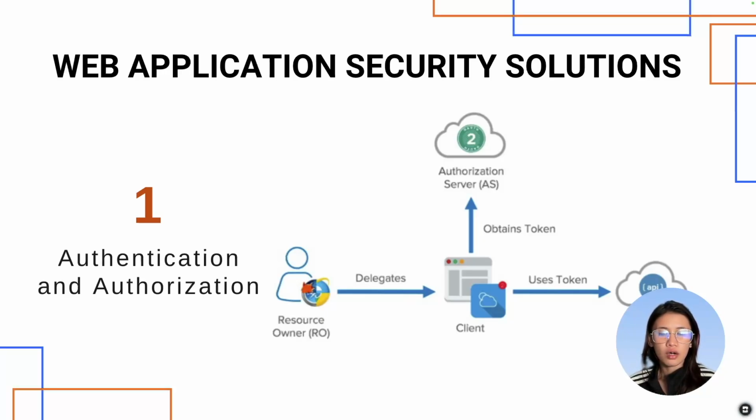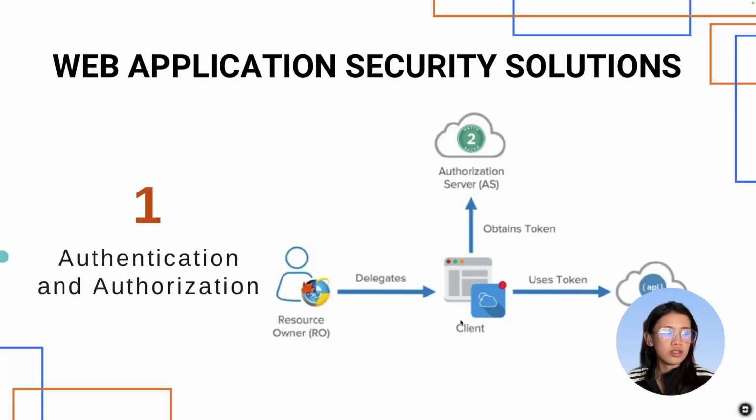And then we have multi-factor authentication, which uses multiple factors, such as something the user only knows, something the user has, or something the user is. For example, biometrics and facial recognition.